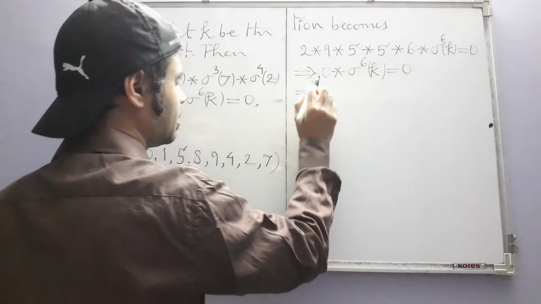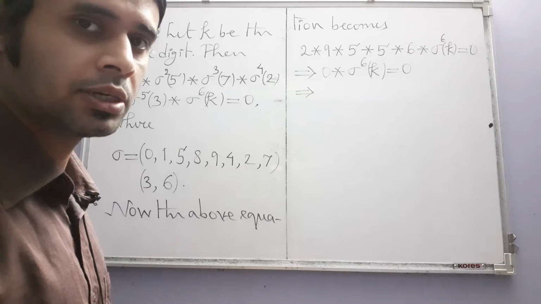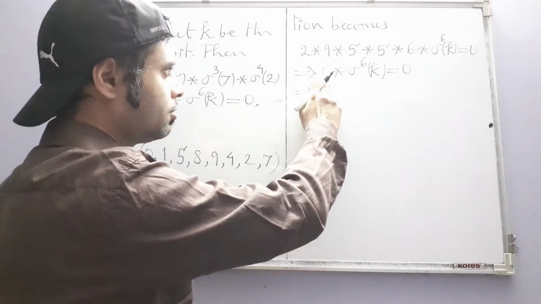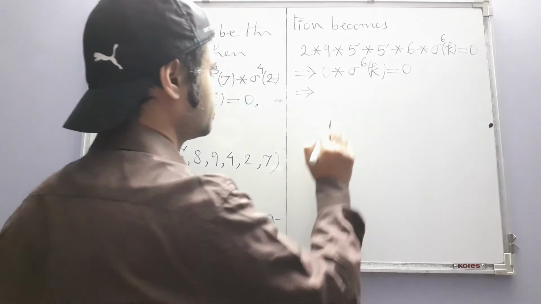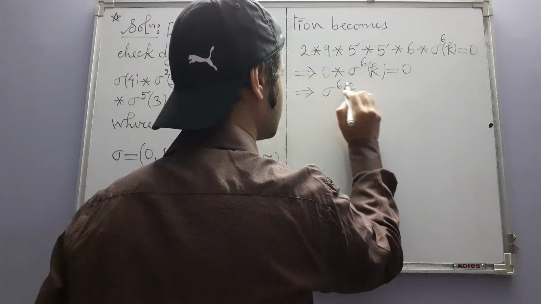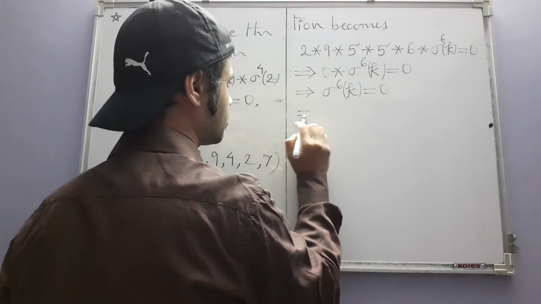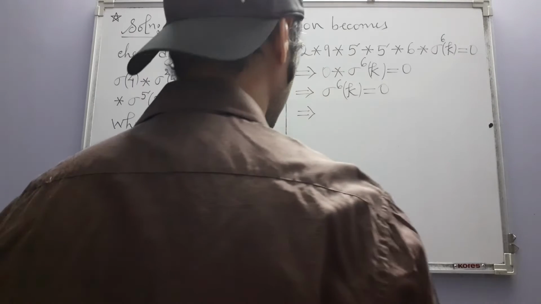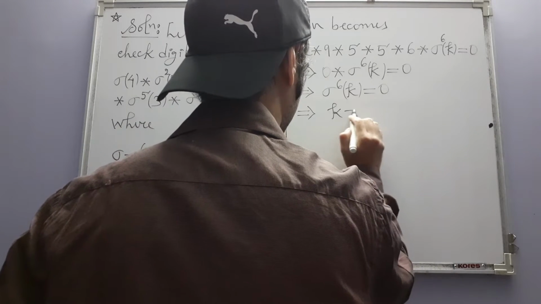And the way we are interpreting these digits as the elements of D5, 0 represents the identity element in D5. So this implies that k has to be equal to 5.